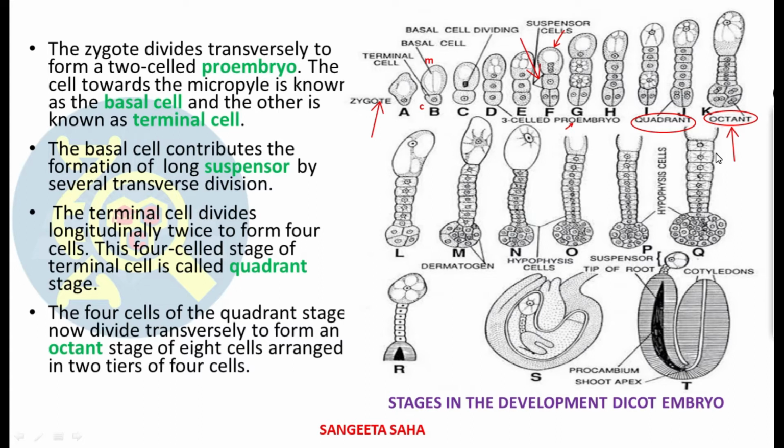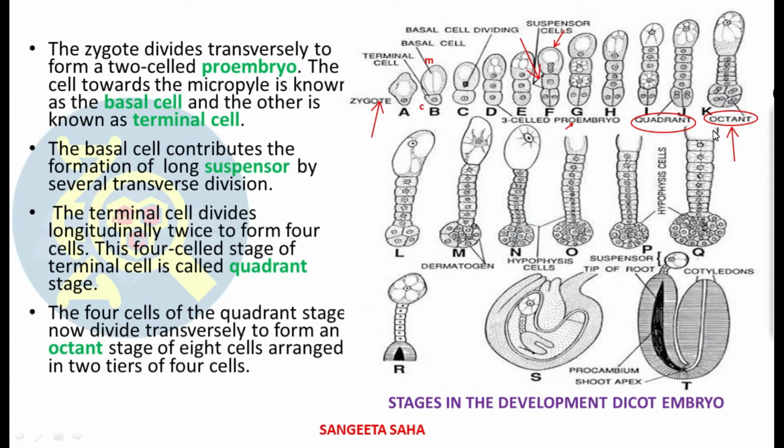Okay. Now, the diagram which you are seeing here right now is not the normal arrangement, as I've already said, the division is taking place in all planes. Now, they are basically a ball of cells, few are visible from the front and few are from the back.